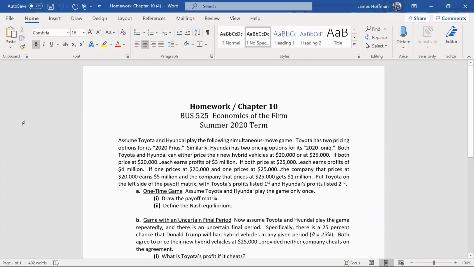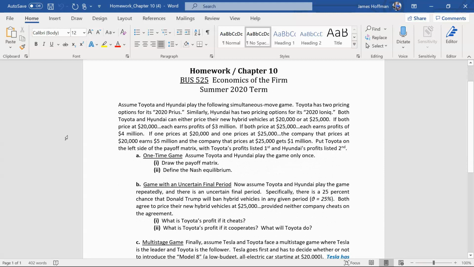Okay, so here we go. Here's the homework assignment. I think it's one big question for Chapter 10. Here's what you're going to do for this one. You have a little word problem, and you're going to set up the payoff matrix.